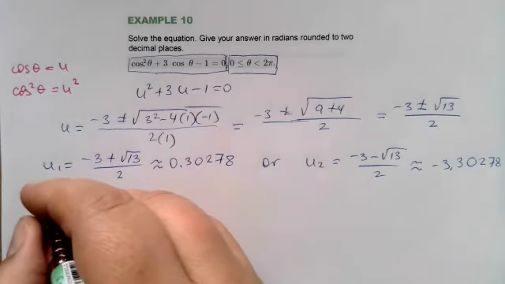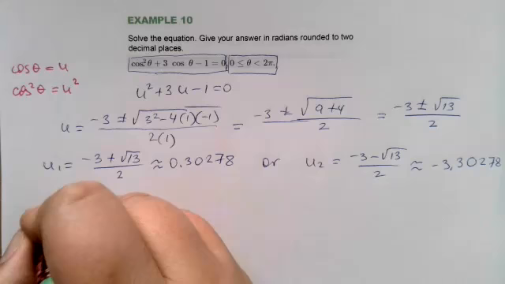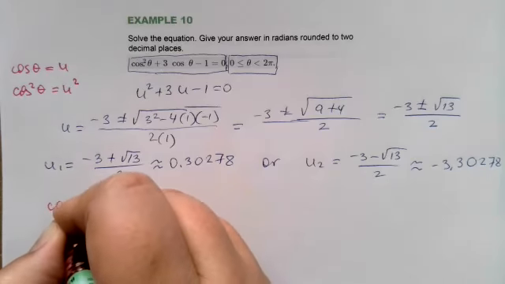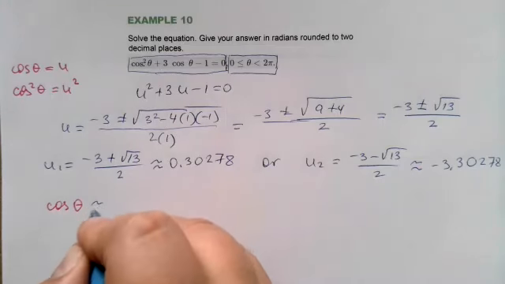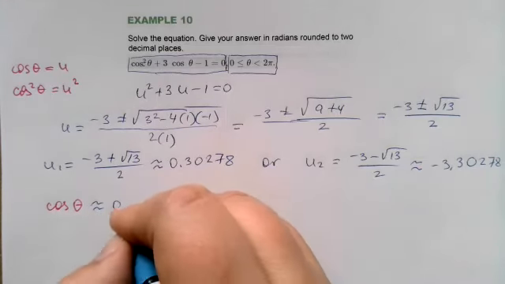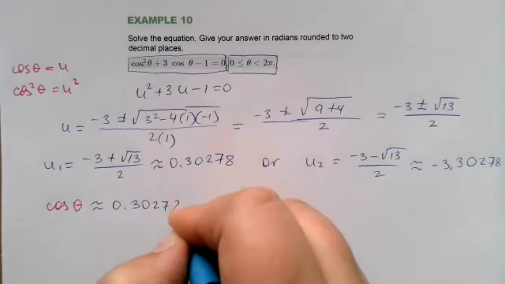So now that we got values for u, we're going to recall that u is actually cosine theta. So we're going to substitute cosine theta back in instead of u. The first one is cosine theta approximately 0.30278.